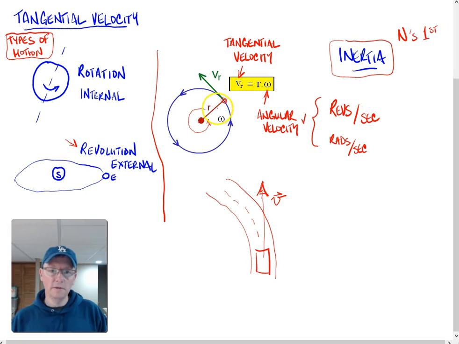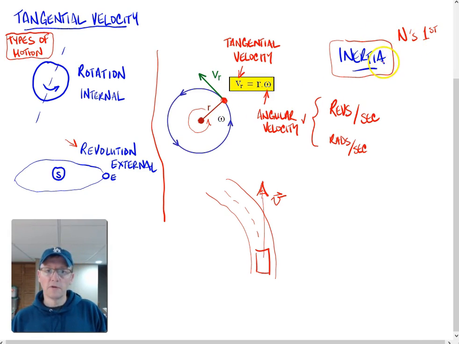Let's say that I have an object attached to a string, which I'm holding here at the center, and I'm twirling this object around, which is actually an activity we're going to do this week. If that string were to break, the object would fly off along the tangent to the circle, just like this, at the speed it was going when the string snapped.